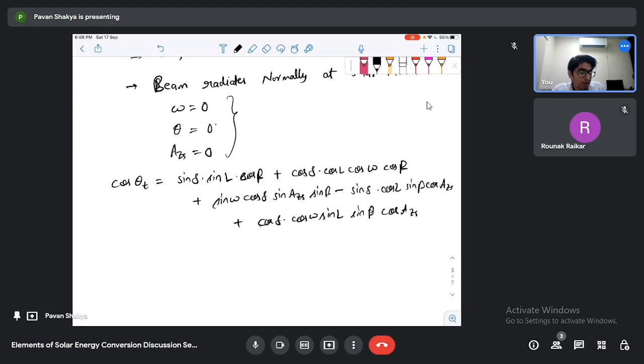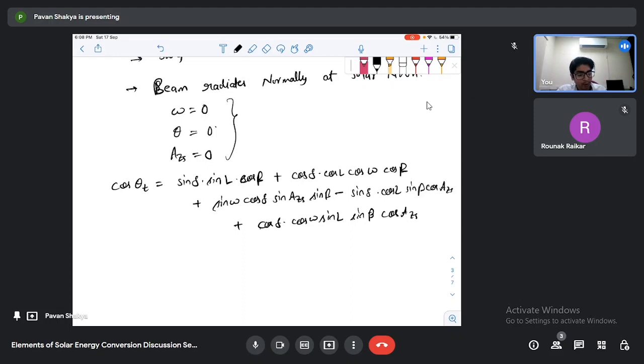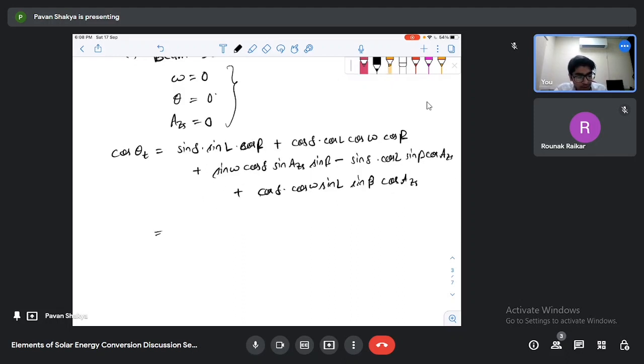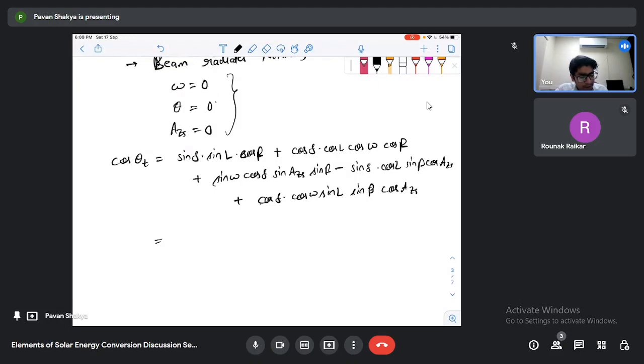Now we will place the conditions that we have implemented for this tracking mode. When you put these values, the third term, that is sin AZS, will become 0, whereas cos omega will become 1. Similarly, in the fourth term cos of AZS will become 1, and in the last term cos omega will become 1 and cos AZS will also become 1.